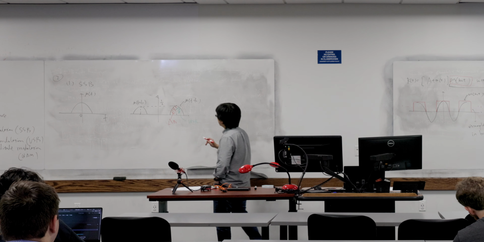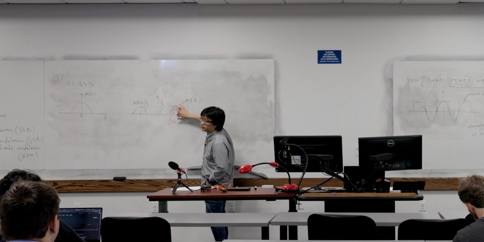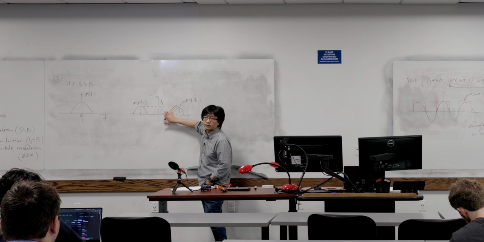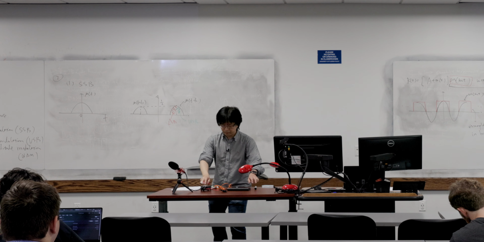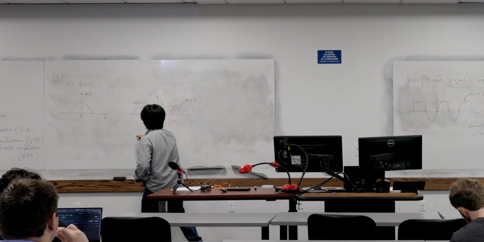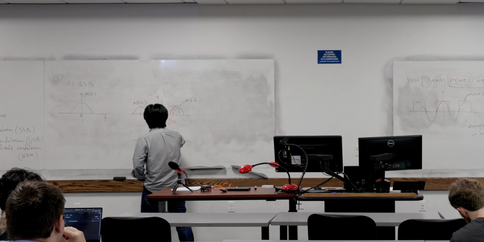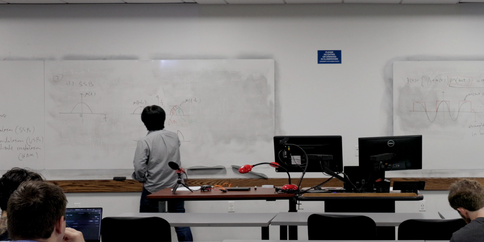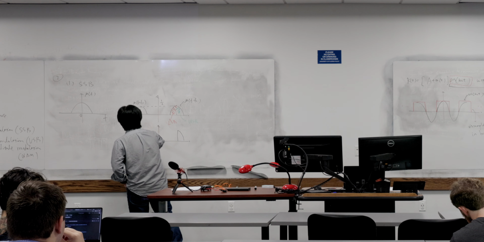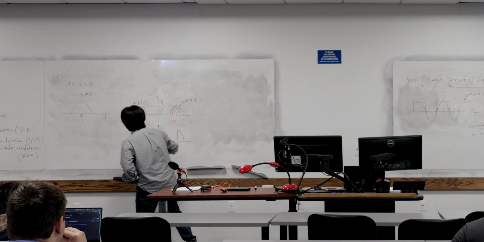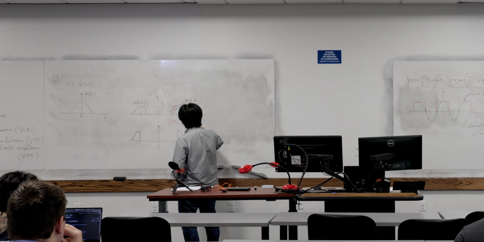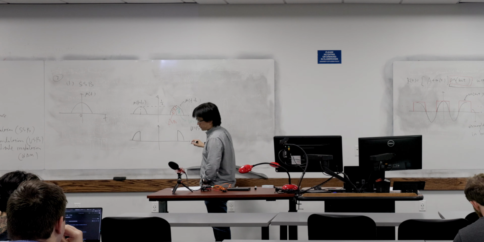So basically, the idea is to transmit only half of it. It could be the lower half, and it could be the upper half. For example, if we transmit only this part, it's called USB modulation.